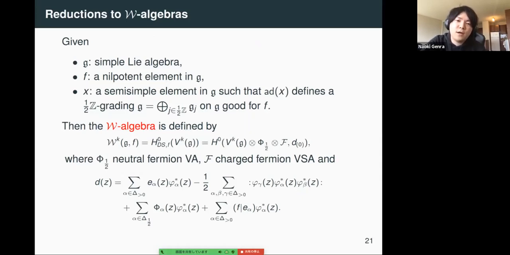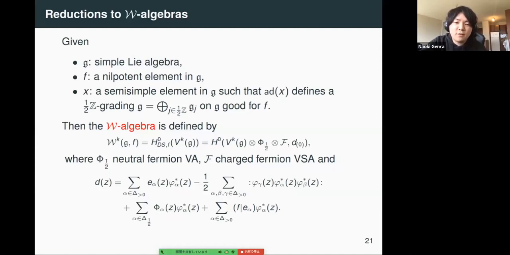Now we assume a simple Lie algebra, but later I can also assume that g is a simple Lie superalgebra. F is a nilpotent element in g, and x is a semisimple element in g, satisfying that adjoint x defines a half-integer grading on g, satisfying the good condition for f. And then the W-algebra is defined by Drinfeld-Sokolov reduction of V^k(g) associated to f.